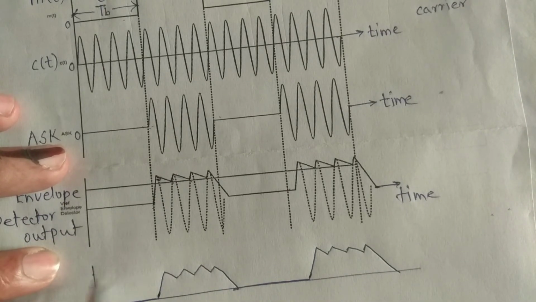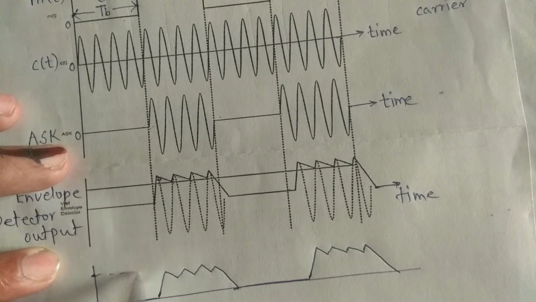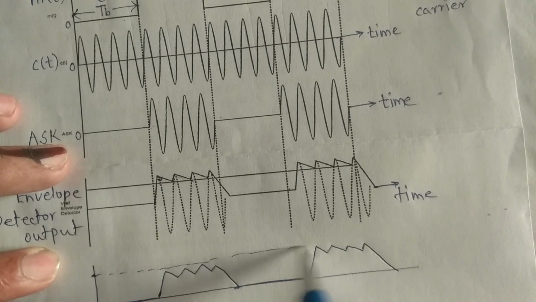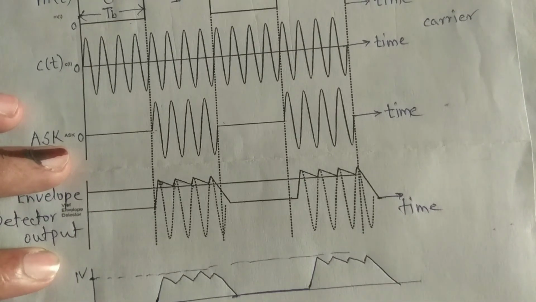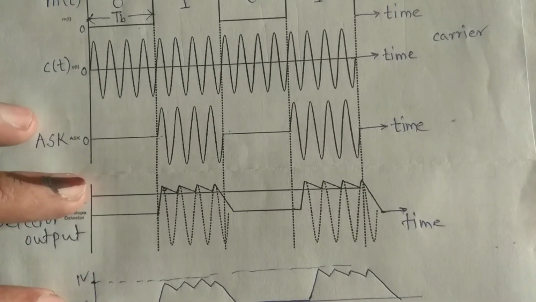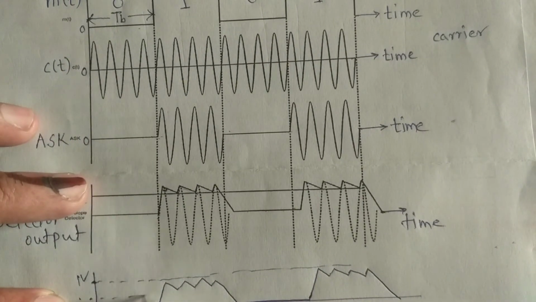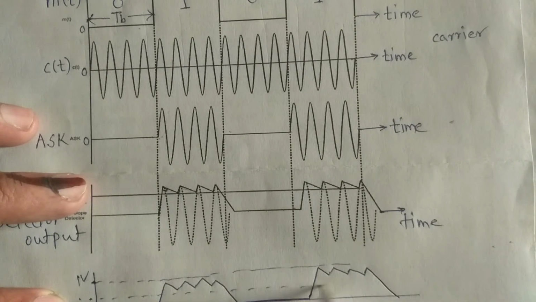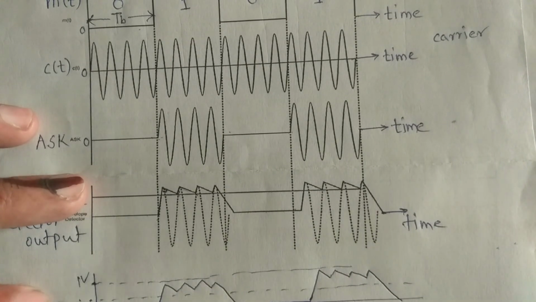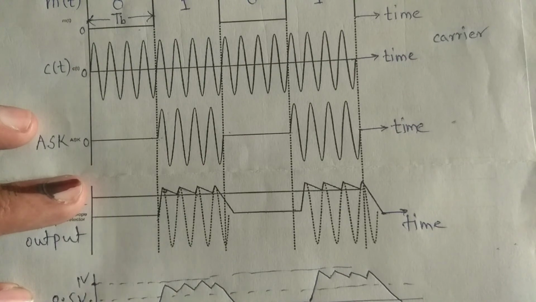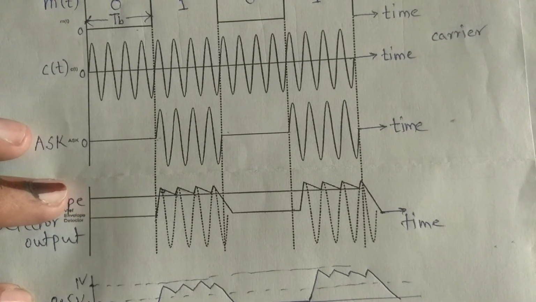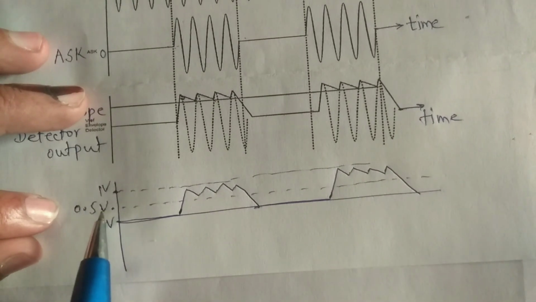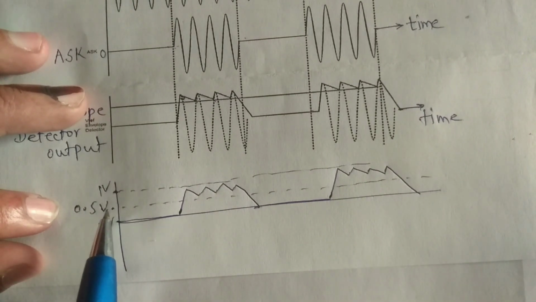If I consider this as 1 volt and this is at 0 volt, then the threshold will be in between these two. We will be taking the average, that is 0.5 volt. So the comparator will have a reference voltage of 0.5 volt.